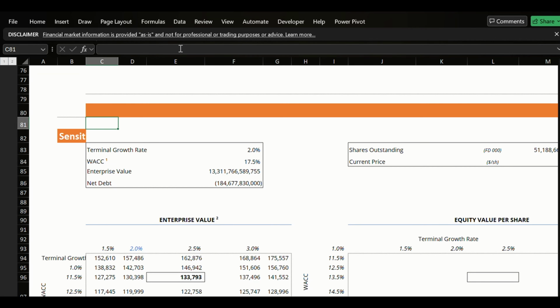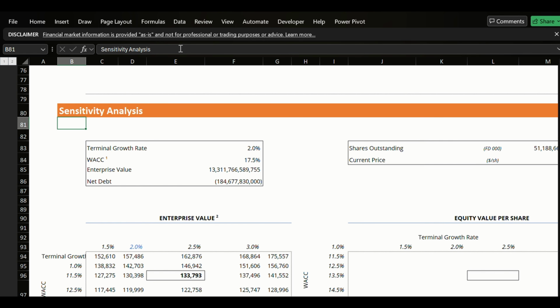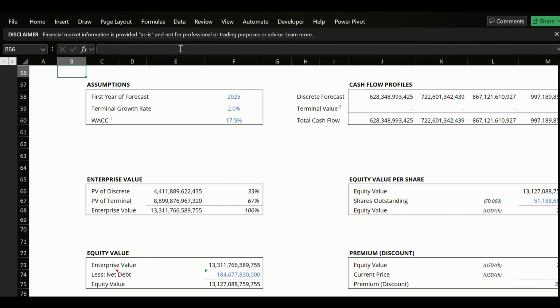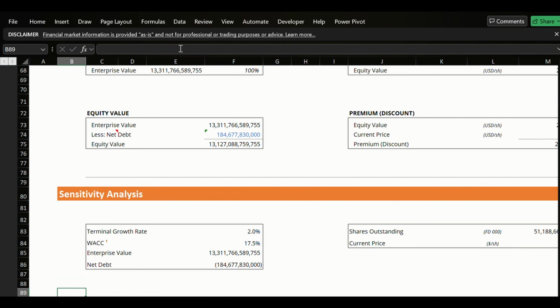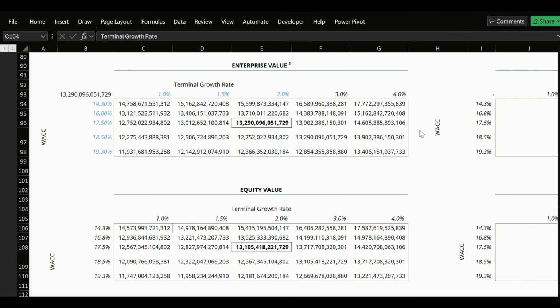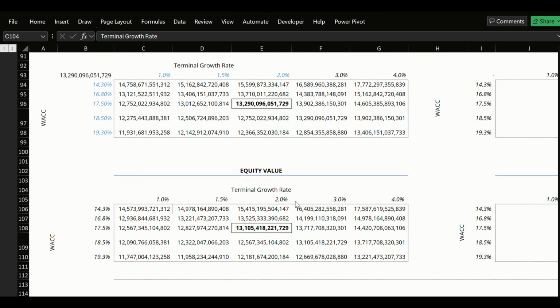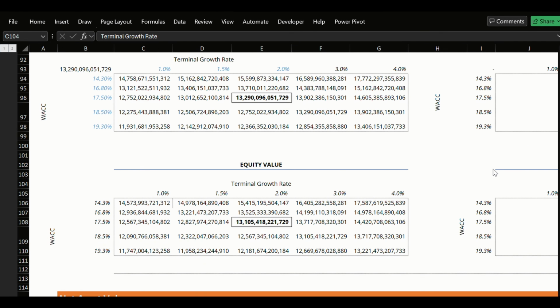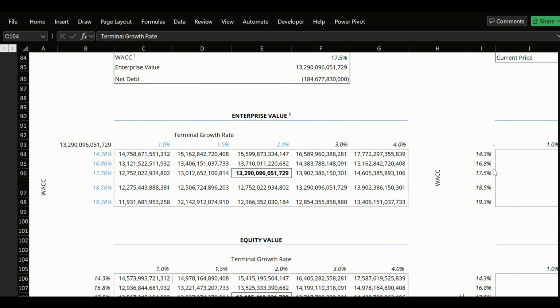Sensitivity models. Sorry, how did I populate this percent? Okay, wow. This is the sensitivity analysis, and I think it's perfect.